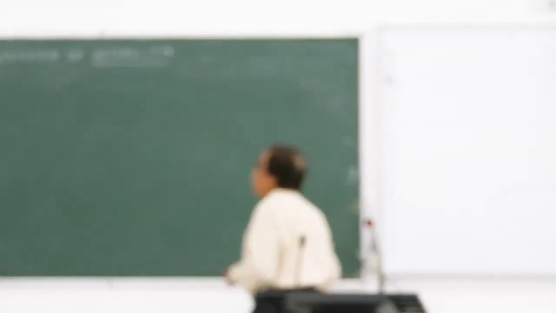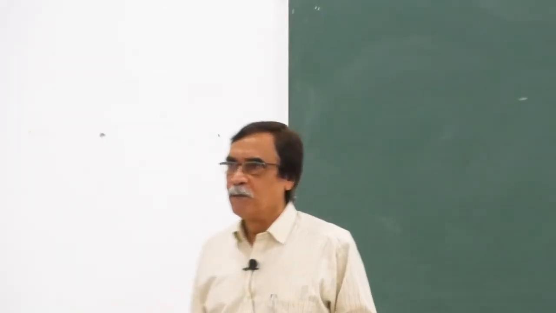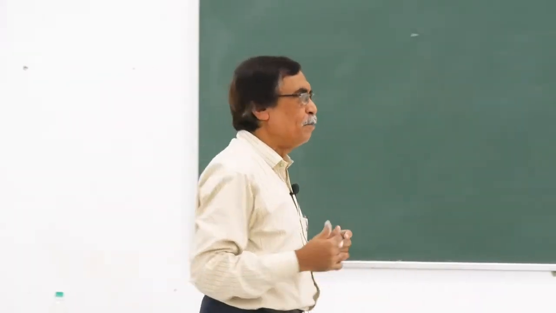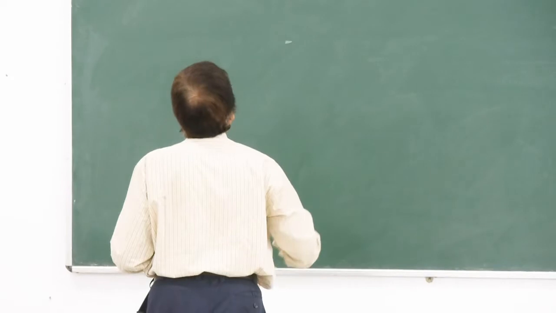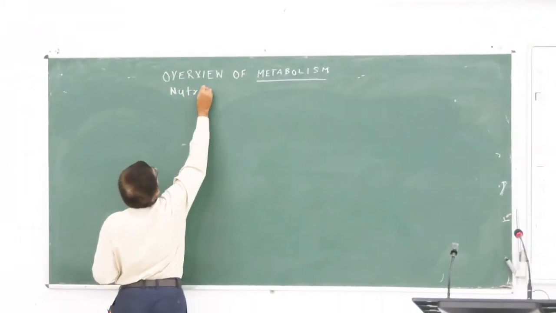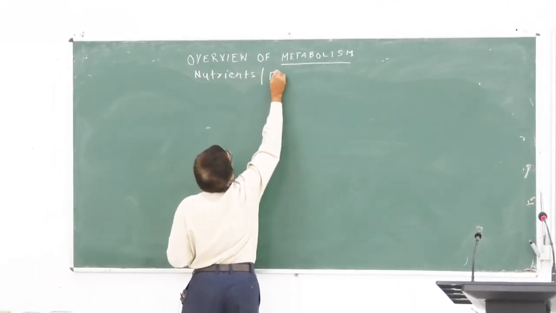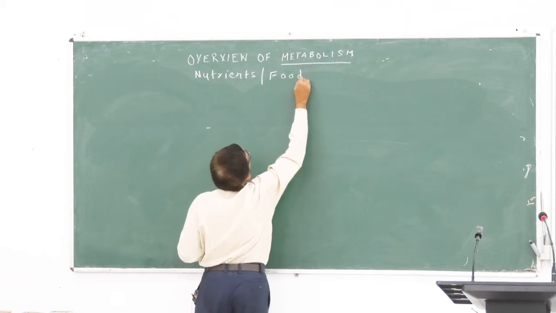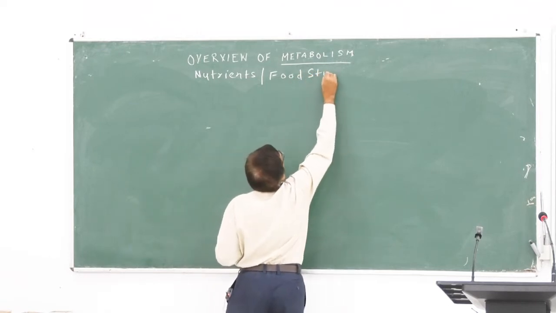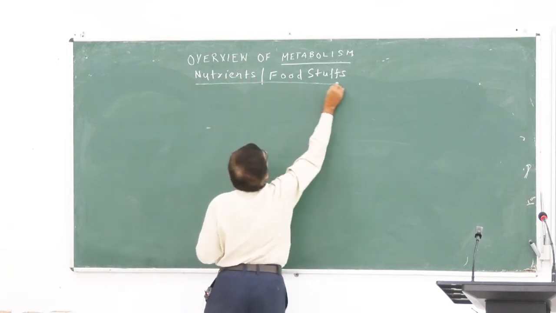Metabolism means there are some nutrients in the foodstuff which get metabolized. Nutrients are foodstuffs. What are those?